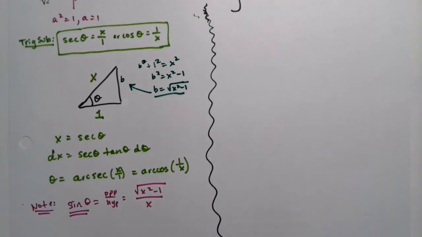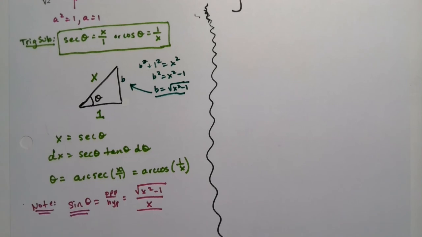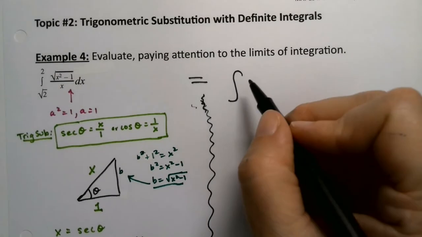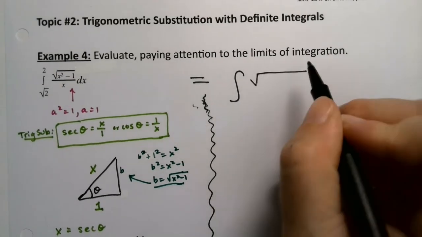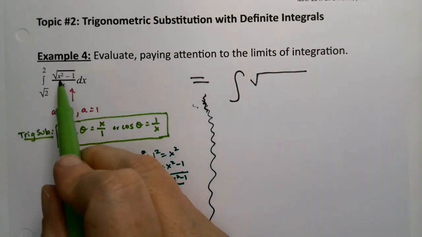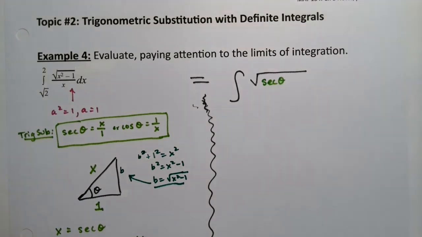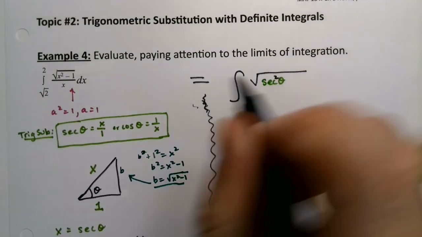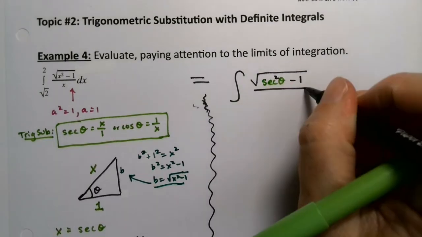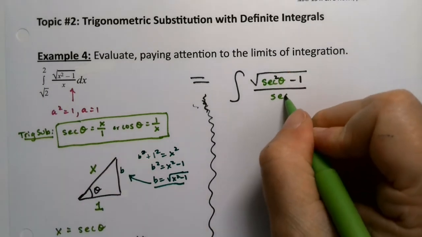But let's suppose you don't see it. Let's suppose you don't envision that you can just put in sine theta. So just keep this in mind, because I'm going to go show all of this. All right, so this is the square root of x squared. X is secant theta, so secant squared theta, minus 1 over x, which is secant theta.